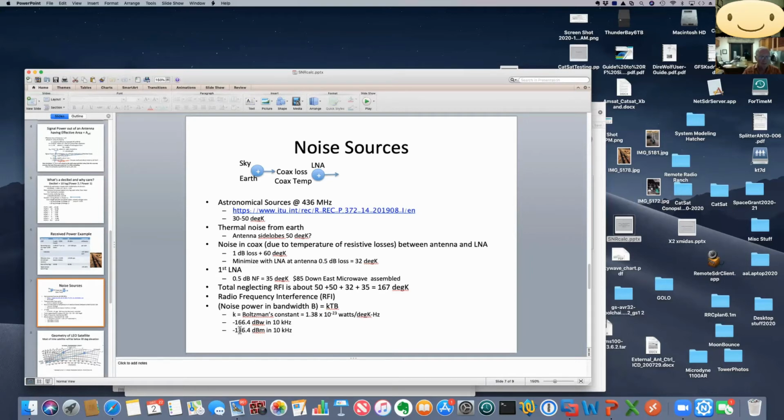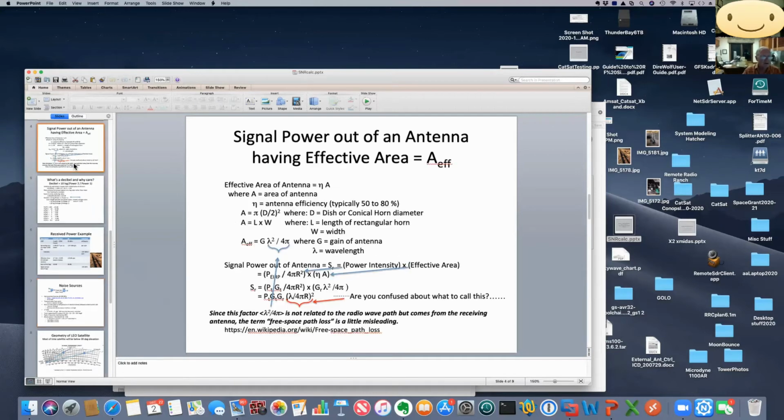So you're subtracting the noise from the antenna power. Back in the equation, I'm sorry, that's the wrong equation.